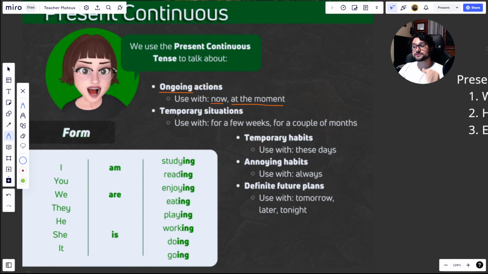We can also use the present continuous, guys, to talk about temporary situations. So situations that are not necessarily routine, because this would be the simple present. Temporary situations, it is when, for example, something is happening for a few weeks or for a couple of months.